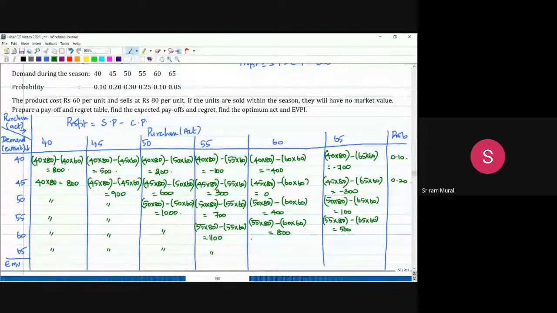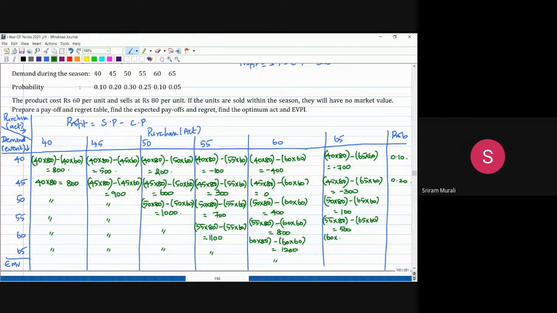So this one 60 into 80 minus 60 into 60. This is equal to 1200. The same answer you get for this. What about this case?